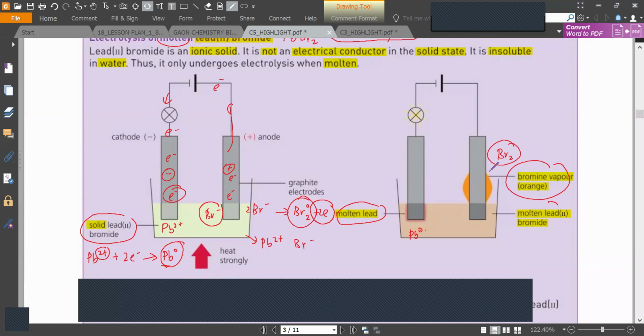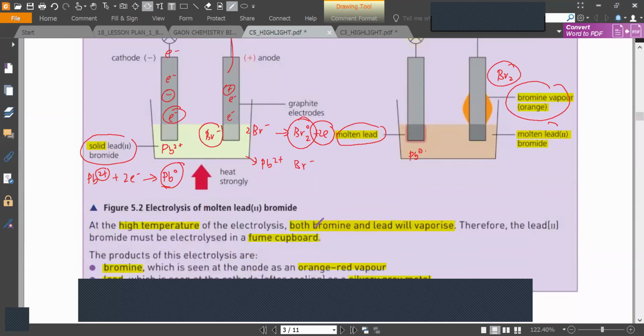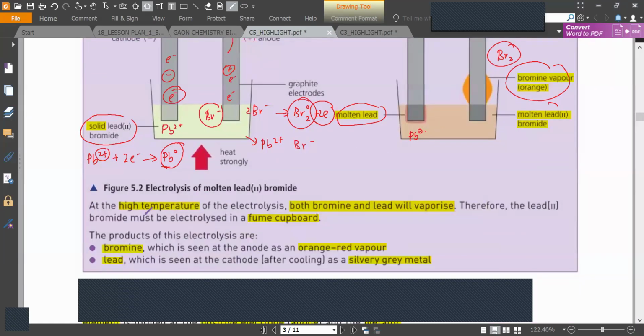For each reaction, we need to understand what happened and what the products are. This is quite a hard topic. At high temperature, we produce lead metal and bromine gas, and both products will vaporize because the temperature is too high.